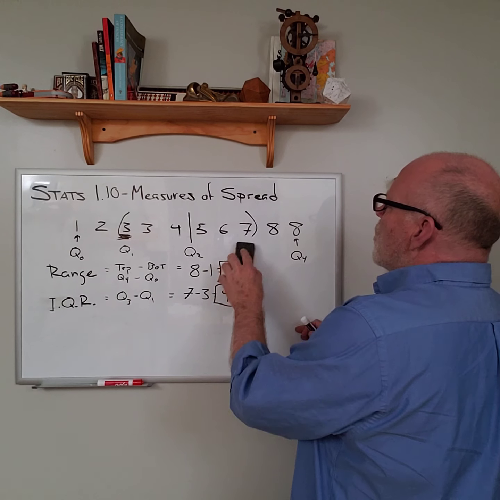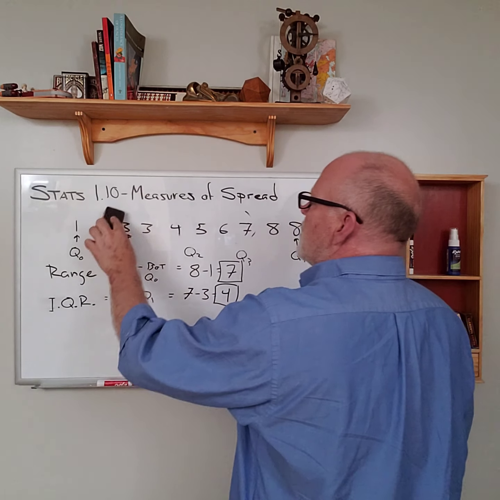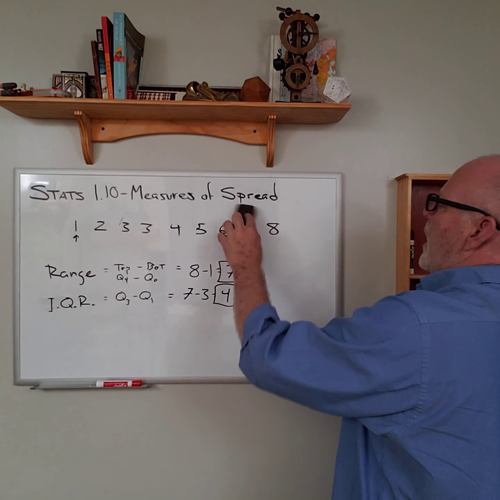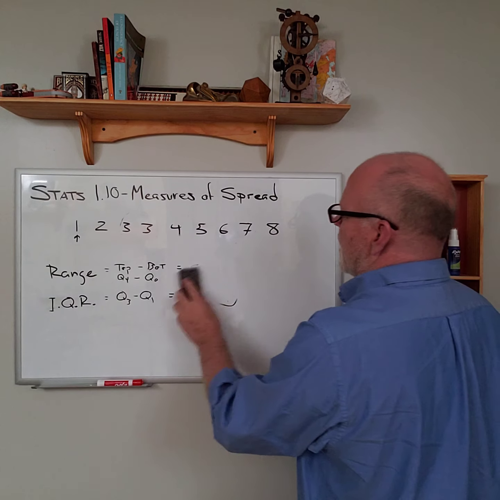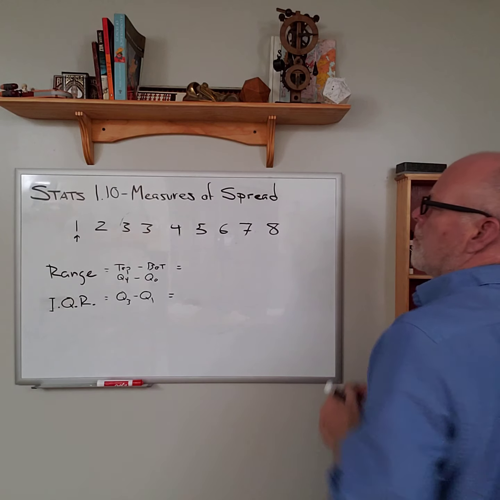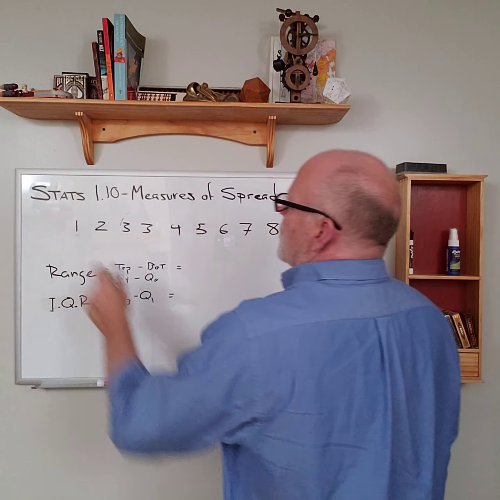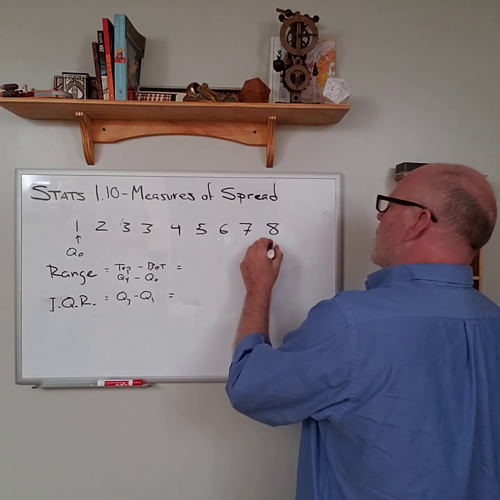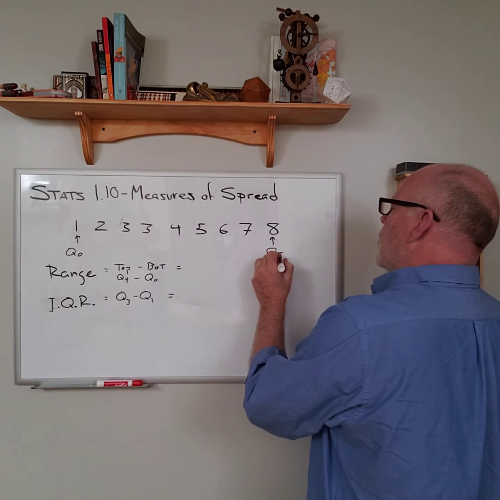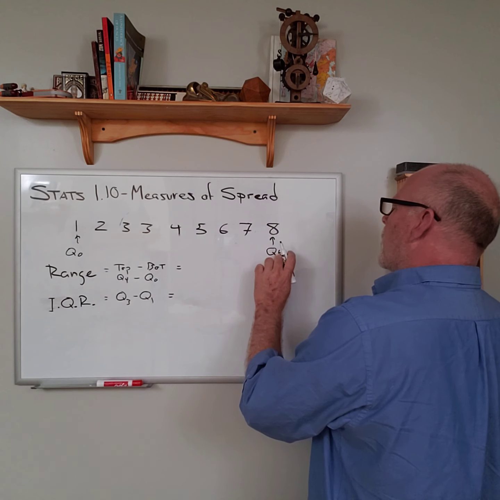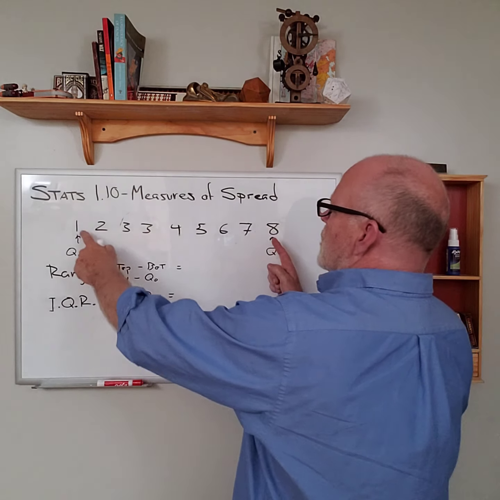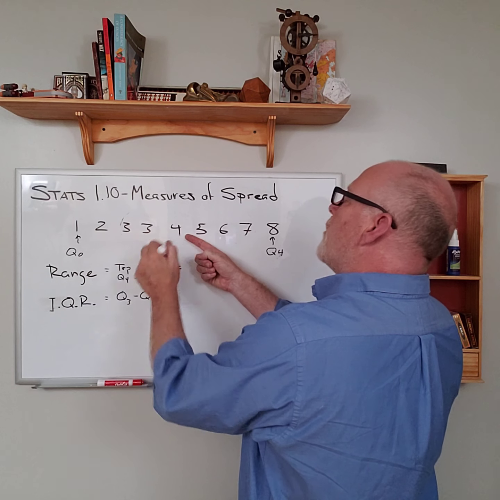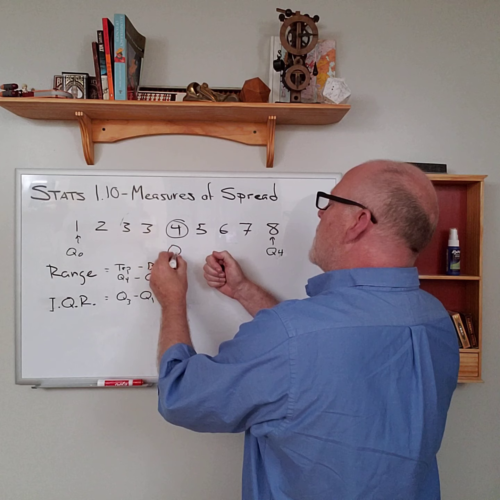And let's look at one more example here where I change the number of numbers on us. Let me take that 8 back away. We'll go back to what this data set was the first time. So the minimum is still going to be Q0. The maximum is still going to be Q4. The median is the one in the middle, right? If we have an odd number of numbers, then that actually is one of our middle numbers, and that is going to be Q2.